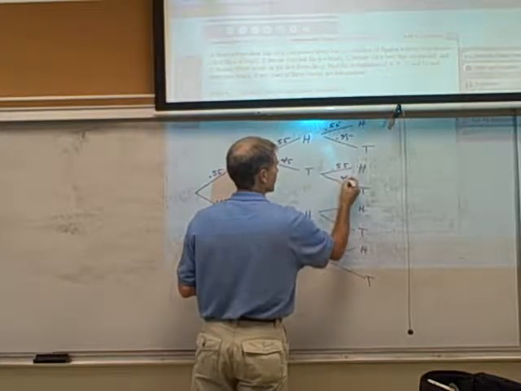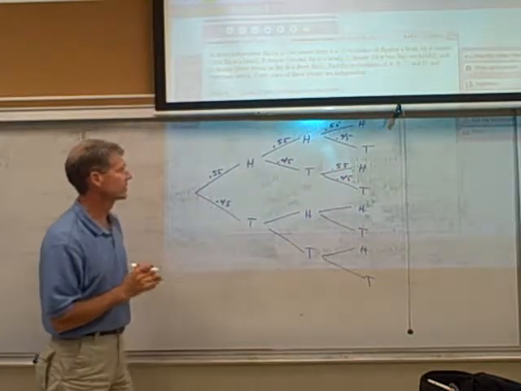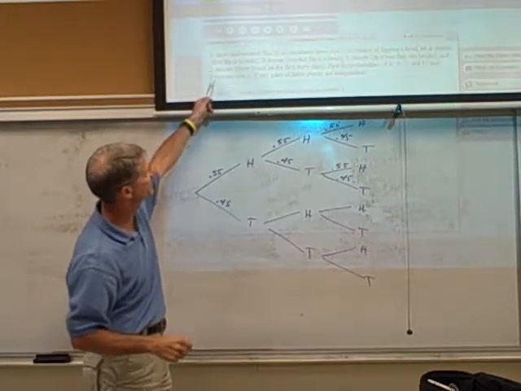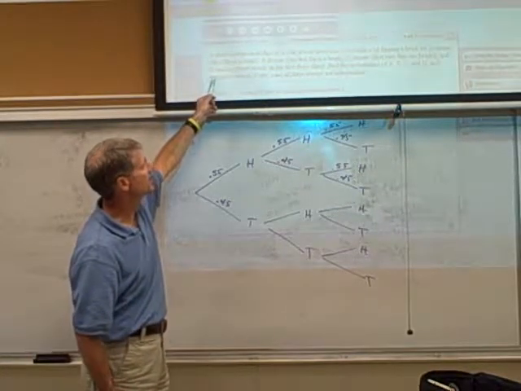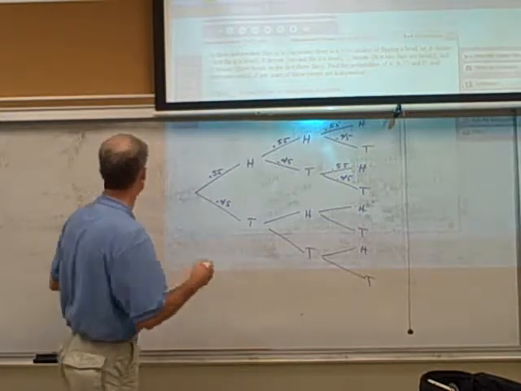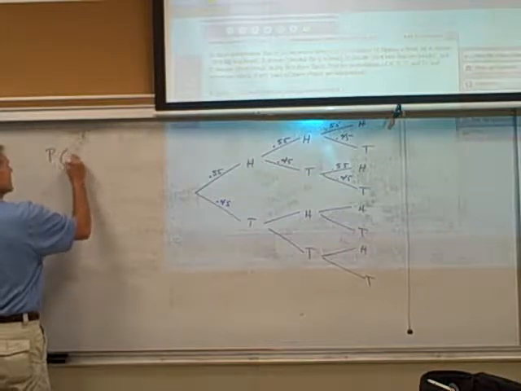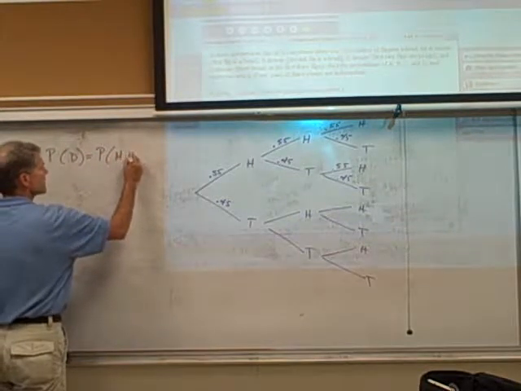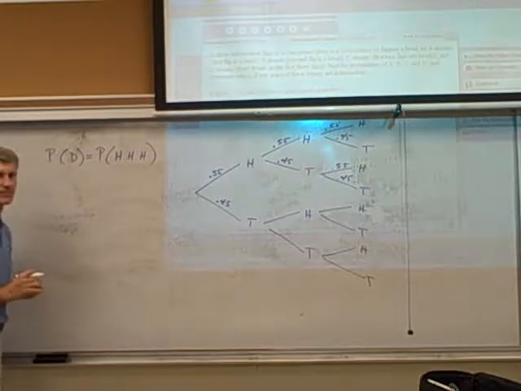And I'm not going to do the whole darn tree, but we'll do the top half of it at least. So let's look at this last one where it says event D denotes 3 heads on the first 3 flips. Okay? What's the probability of D? Well, that's the same thing as heads, heads, heads.